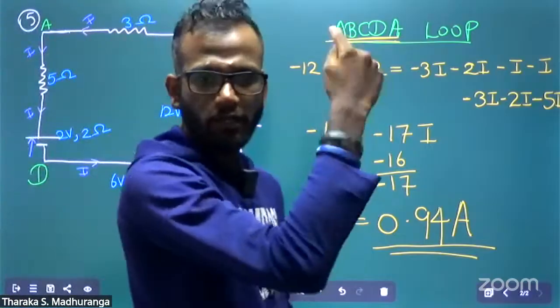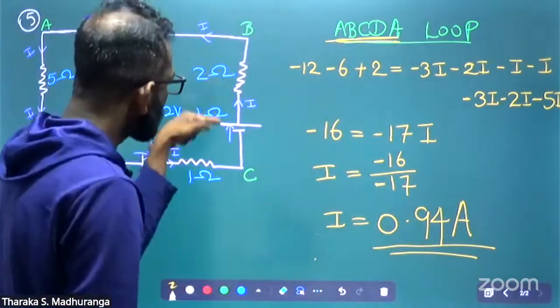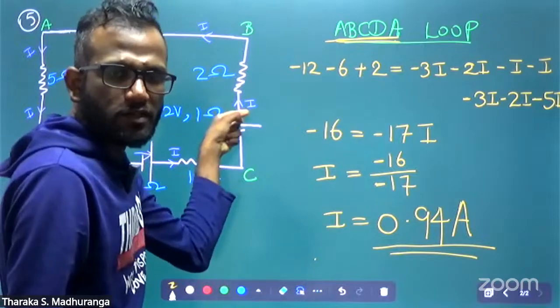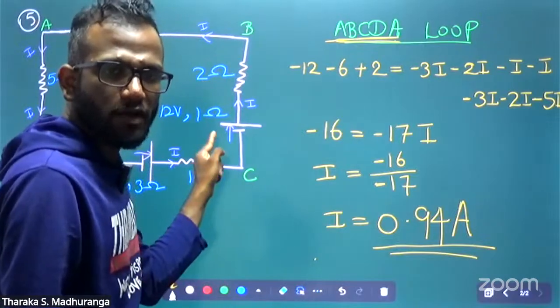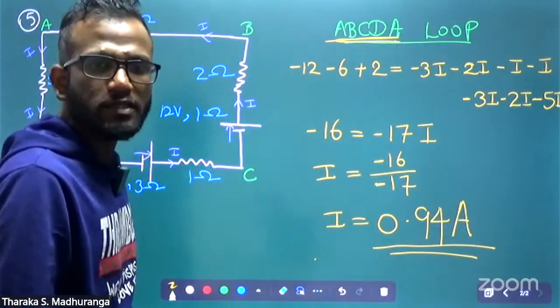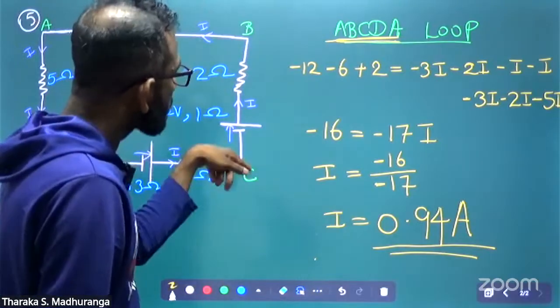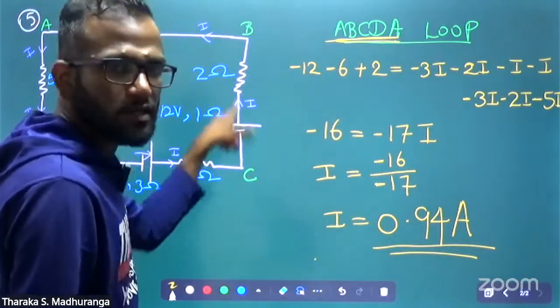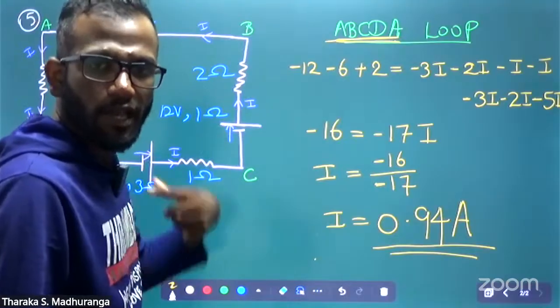Okay, now the same thing. Now come to B to C. B to C, you have two resistances, 2 ohms and 1 ohm. The current direction is upward, as I have marked.